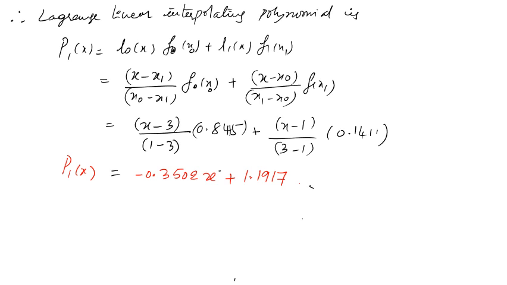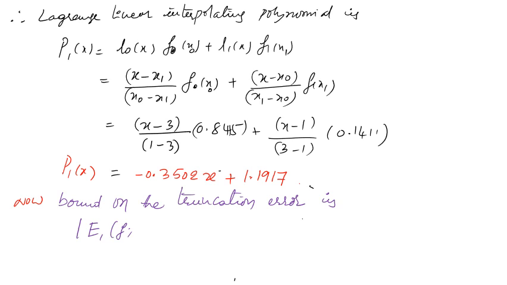Next one, what is the question? Truncation error, bound on the truncation error we have to find. Now bound on the truncation error is, what is the formula? E1 of x is less than or equal to 1 by 2, right?